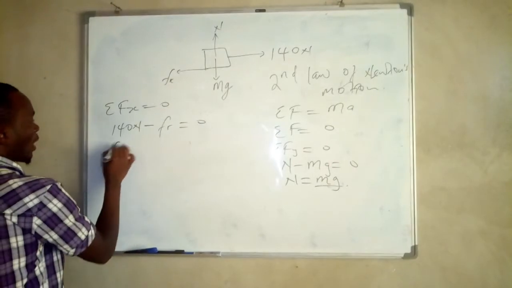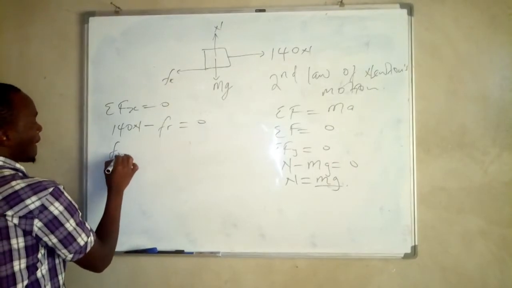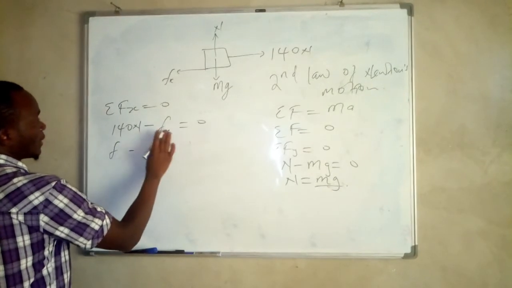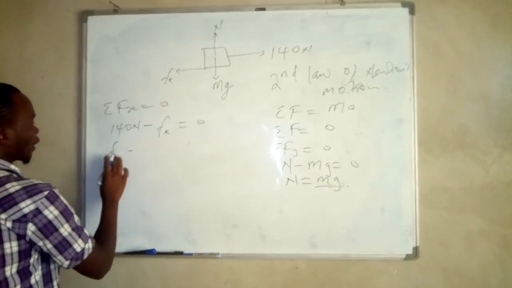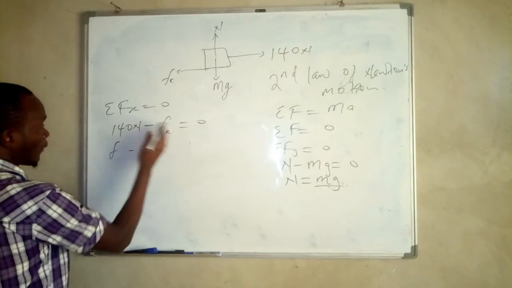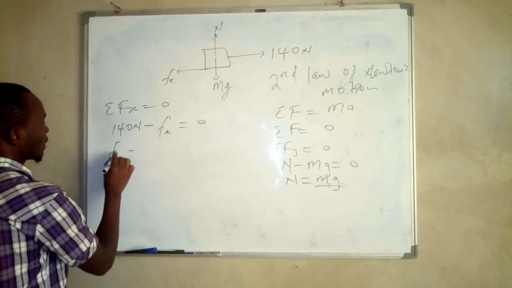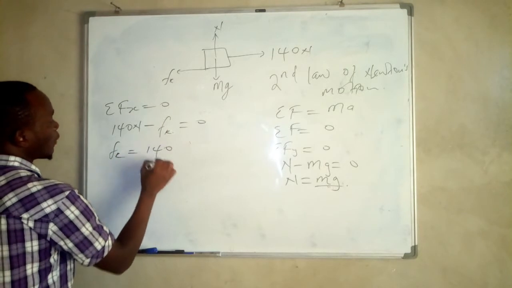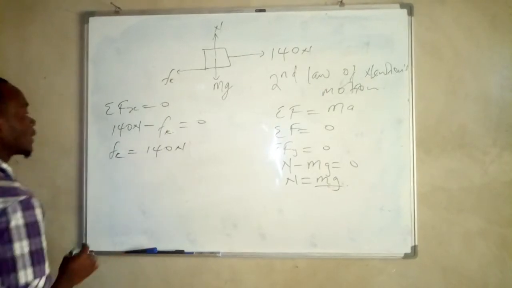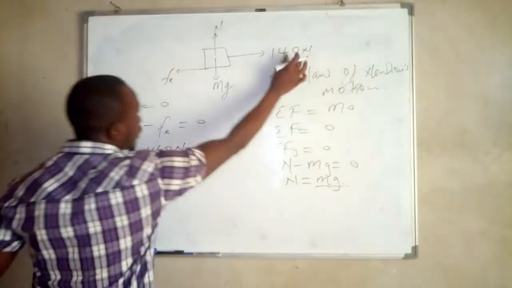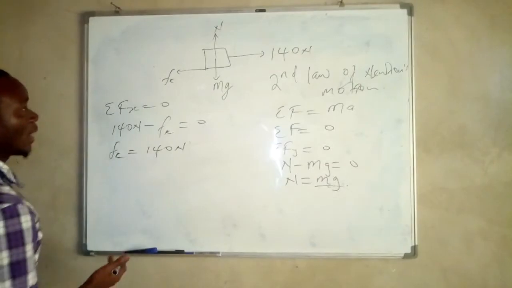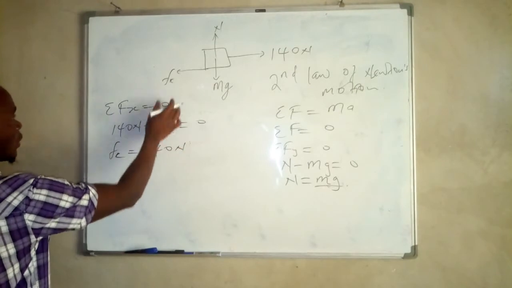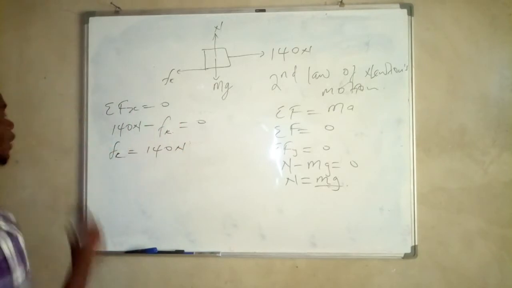So the kinetic friction force will be equal to 140 newtons. This force and this force are equal according to Newton's second law of motion, since we do not have acceleration.